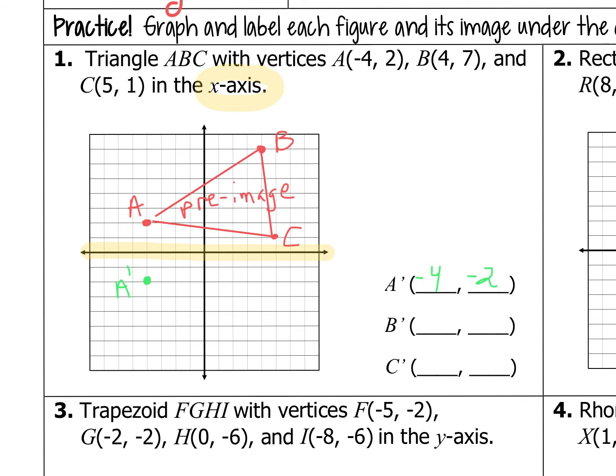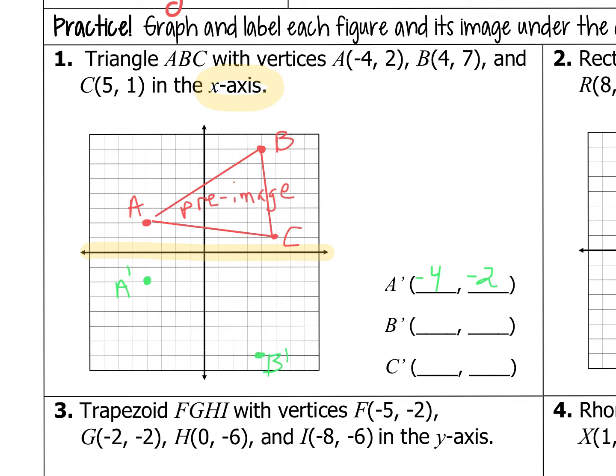All right, so then for B, I'm 1, 2, 3, 4, 5, 6, 7 away. So I want to count 7 in the opposite direction, 1, 2, 3, 4, 5, 6, 7, and plot a point right there. That is going to be my B prime.